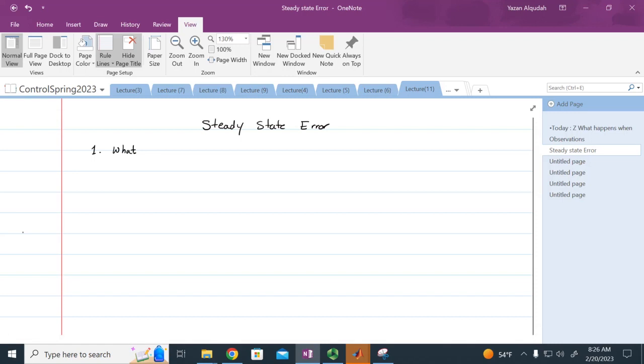What is the steady state error? Yes, the difference between the input and the output as time goes to infinity.